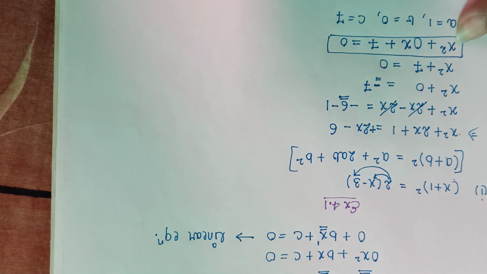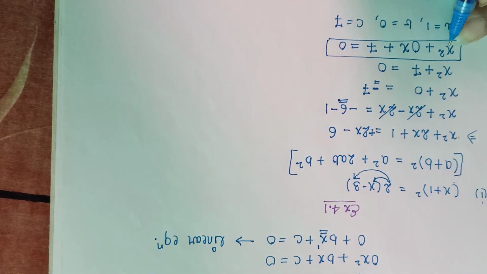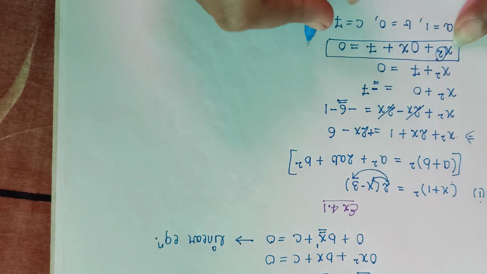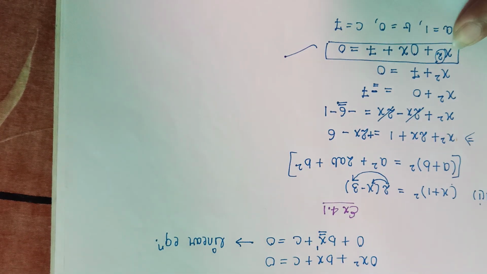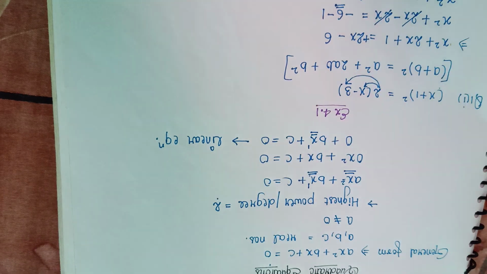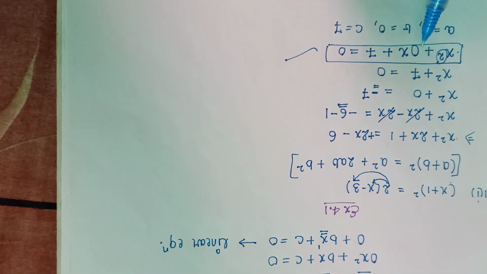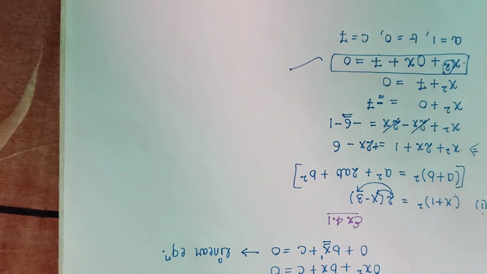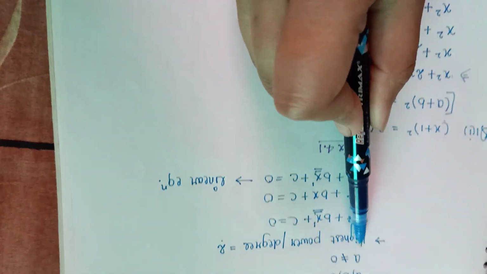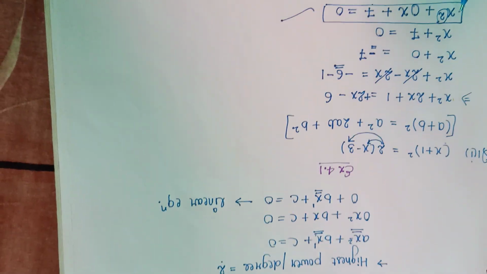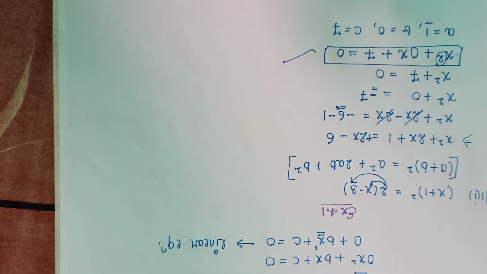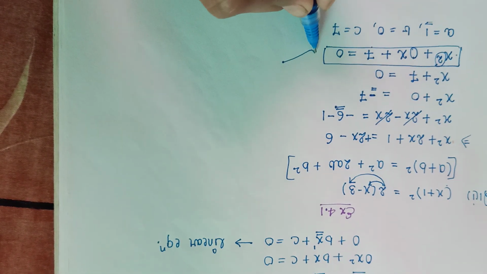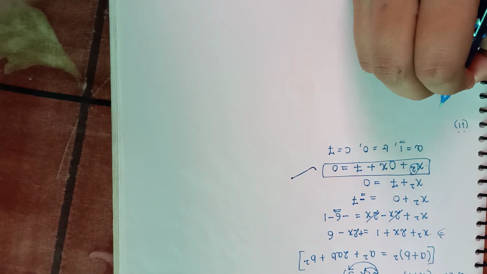Here it fulfills the conditions. The highest power of the variable x is 2, which is correct. Second, a, b and c are real numbers, which is also correct. The third thing to keep in mind is that a should not be equal to 0. Here a is 1, it is not equal to 0. It means that it is a correct quadratic equation.